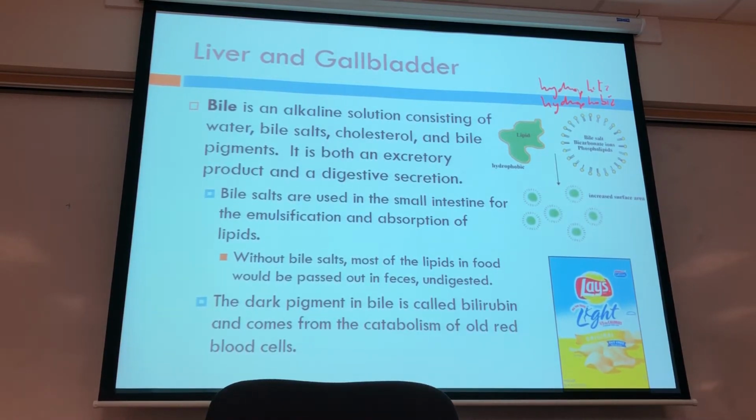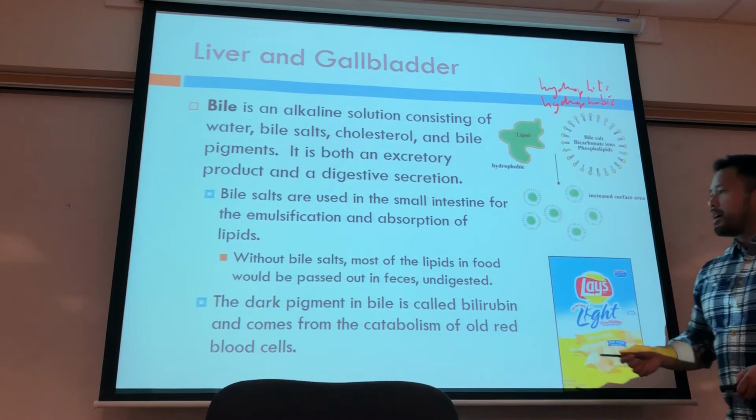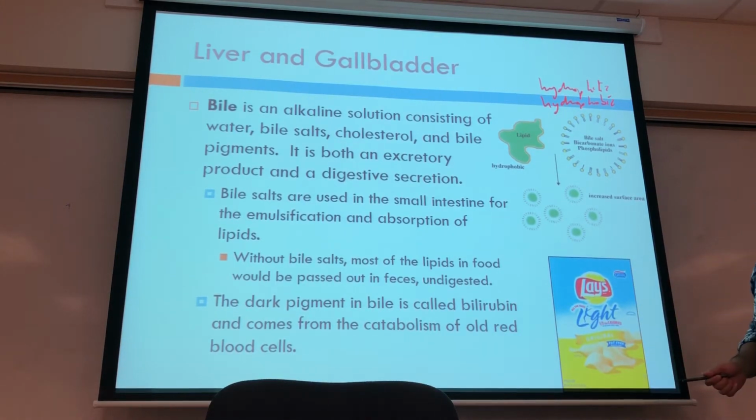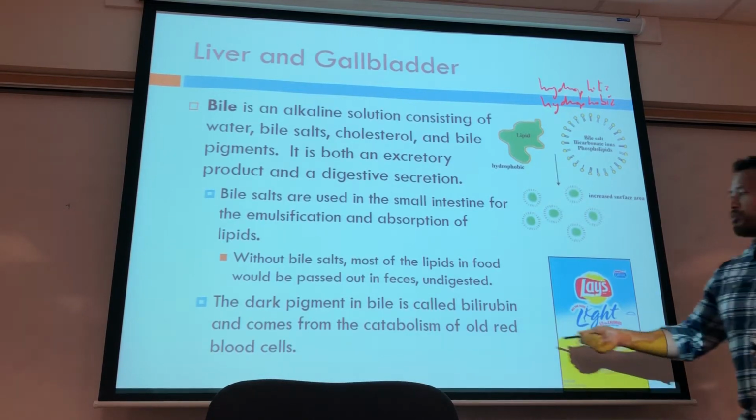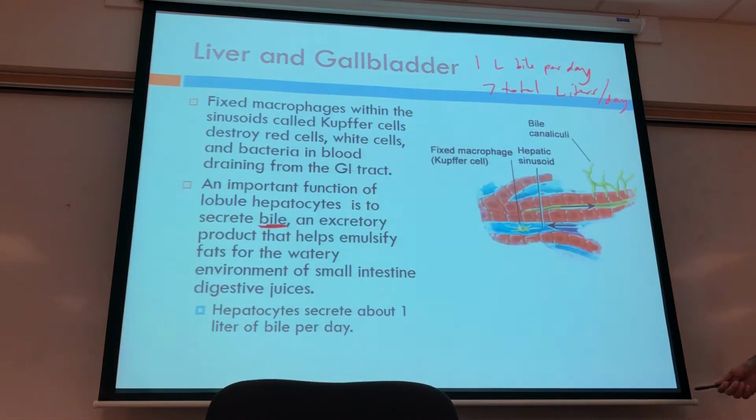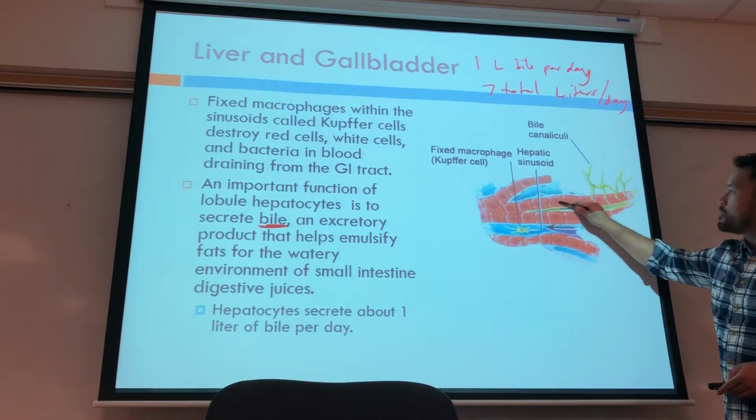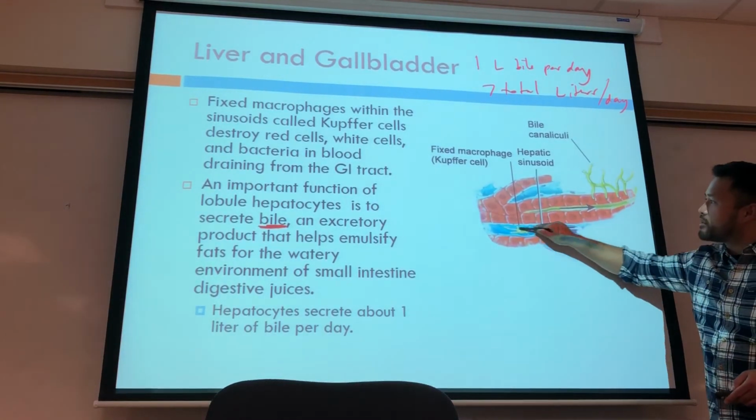Now, the other thing about bile is that the dark pigmentation that comes from bile is called bilirubin, and that comes from the breakdown of old red blood cells within those hepatocytes. So the hepatocytes over here can come in and you have these sinusoids that come through.